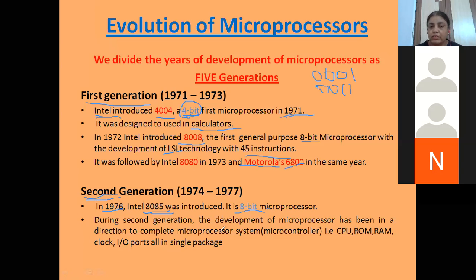In the second generation only, we were able to design the microcontroller. I told you now we have 3 words: microprocessor, microcomputer, and the third word is microcontroller. What is the meaning of microcontroller? We have a full chapter, but that chapter on microcontroller is very small.